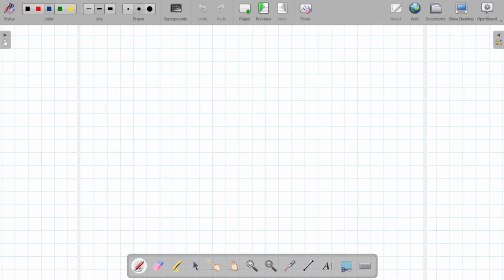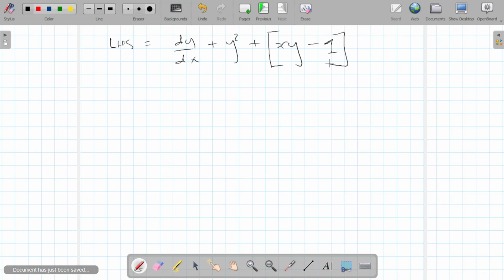Right, let's go on to the next page. I'm going to write down equation 5 again. So the left-hand side is equal to dy by dx plus y squared. I'll dispense with the coefficient of 1, but I'll keep the bracket in there so that it's not looking too different.